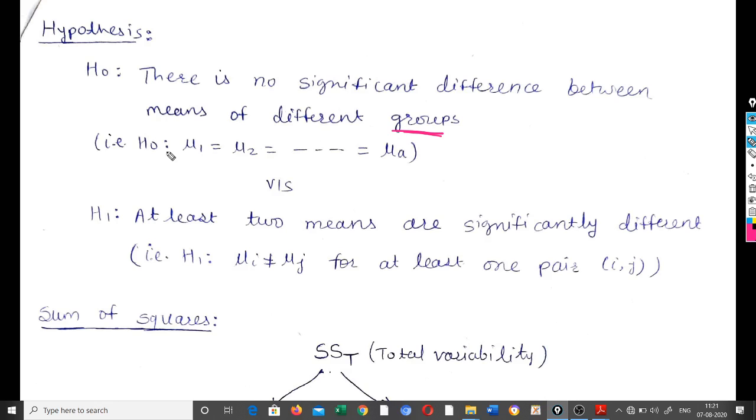Or we can write this hypothesis in terms of mu i's like this, versus at least two group means are significantly different. That is H1, which we can define like this: mu i is not equal to mu j for at least one pair i, j.